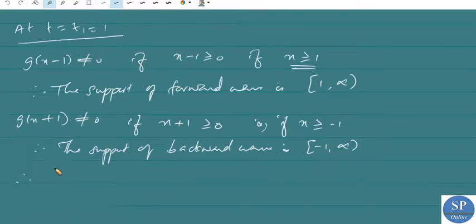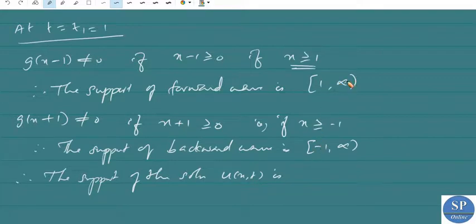So we know the solution u is a combination of these backward and forward waves. So the support of the solution u of x, t is the union of these two supports, that is minus 1 to infinity. So if x lies between minus 1 and infinity at time t equal to 1, then u has a non-zero value.